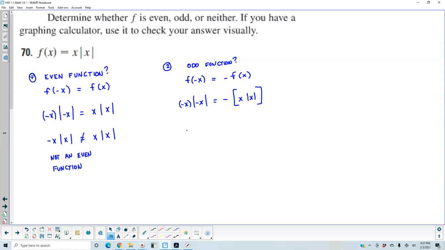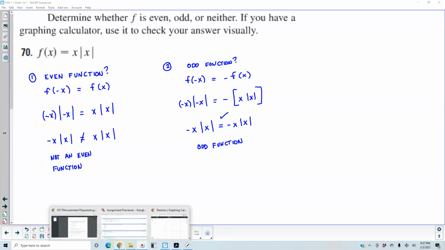What we have left is negative x times the absolute value of x, and distributing the negative, we have negative x times the absolute value of x, and therefore this is equal to each other. So this is an odd function.